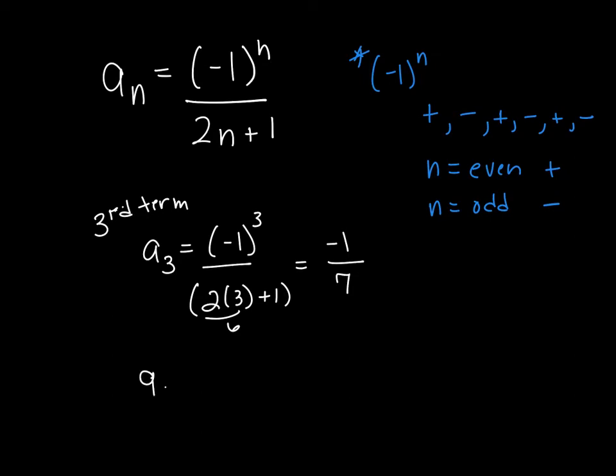Now, if I'm looking for the fourth term, that -1 is to the 4th power, which is going to make it even. In the denominator, it's 2 times 4 plus 1. So that gives me a +1 in the numerator. And down here, that's 8 plus 1, which gives me a 9. So this will be one of those examples of that sequence that alternates from positive to negative.